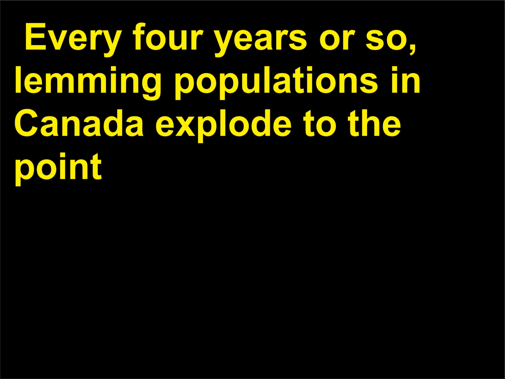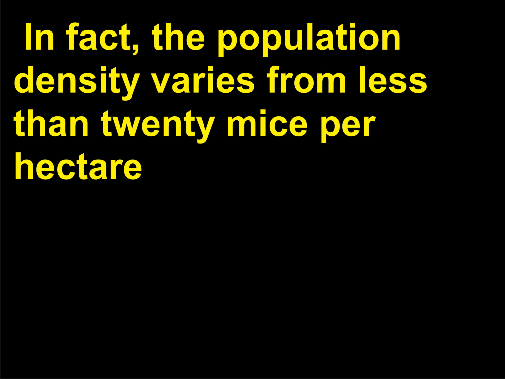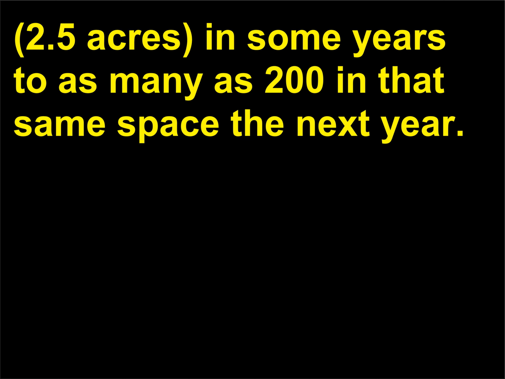Every 4 years or so, lemming populations in Canada explode to the point where fur trappers describe the tundra as being alive with the little brown mice. In fact, the population density varies from less than 20 mice per hectare, 2.5 acres, in some years to as many as 200 in that same space the next year.